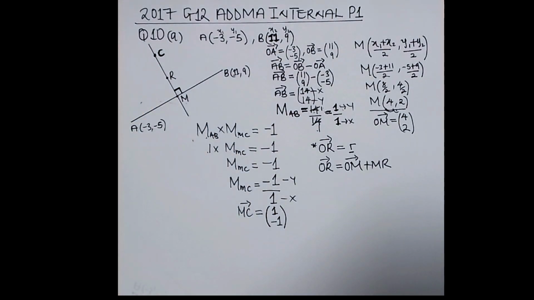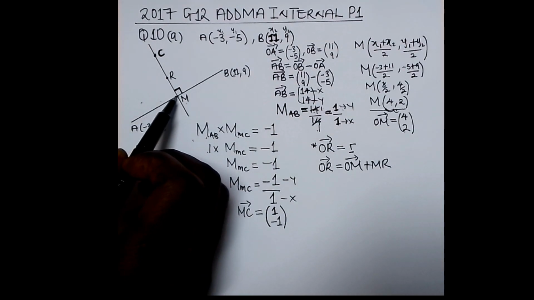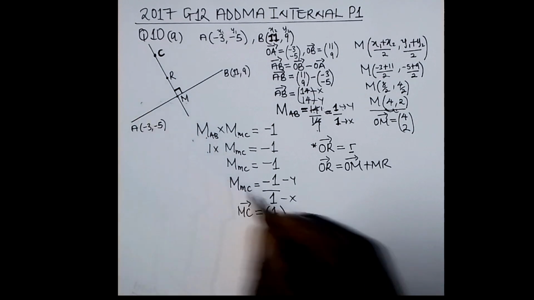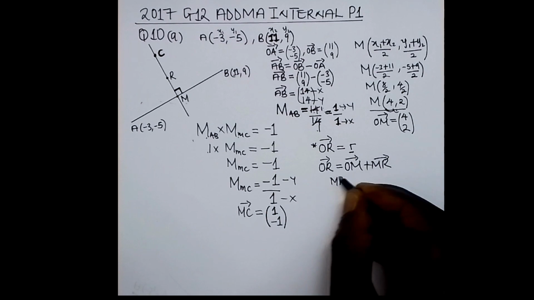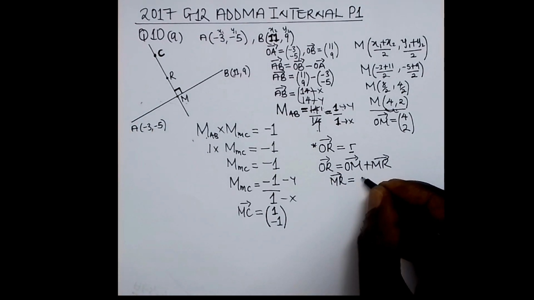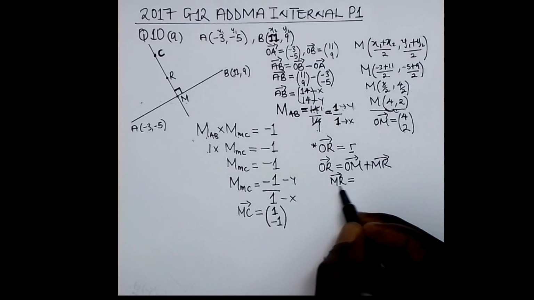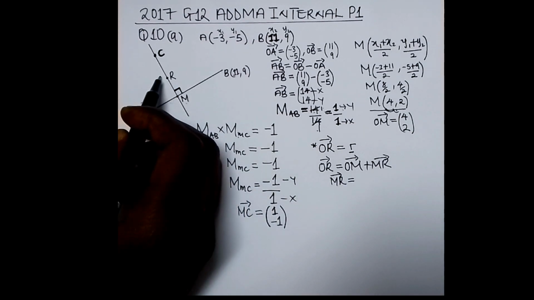What is the MR vector? The MR vector is part of the vector MC, or the MR vector lies on the MC vector. For example, it can be expressed as 1/2 of MC or 1/3 of MC.